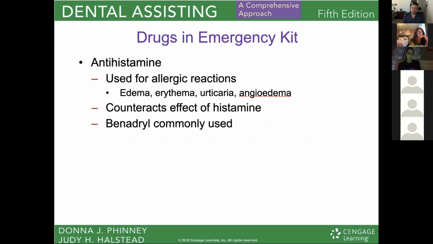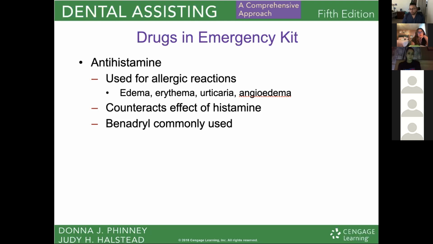So antihistamine is used for allergic reactions such as edema, erythema, urticaria, or angioedema. So it counteracts the effects of histamine. And histamine is present in the body. It consists of an amino acid, histidine. And when the tissue is injured, it reacts by creating a flushing.